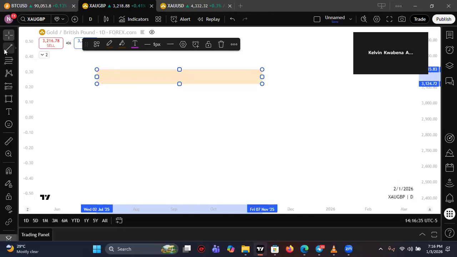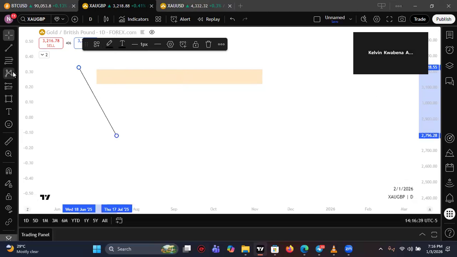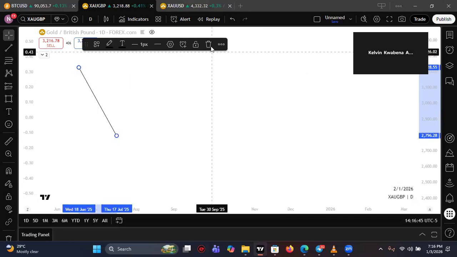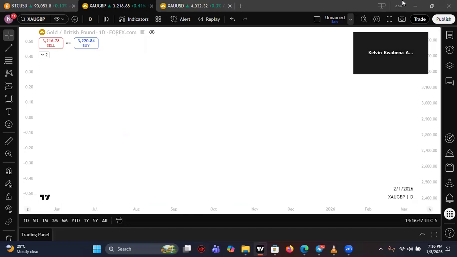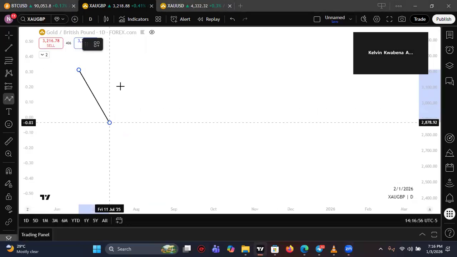So let's say that price is bearish over here, and then it goes up. So let me just draw it this way. So let's say that you're in a bearish market, right? So a bearish market goes this way.